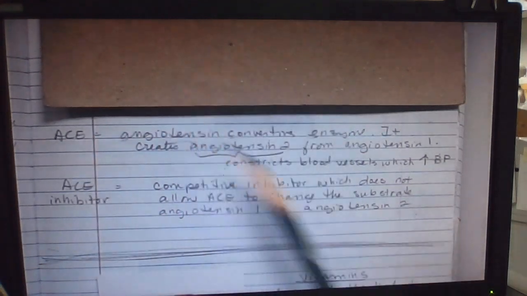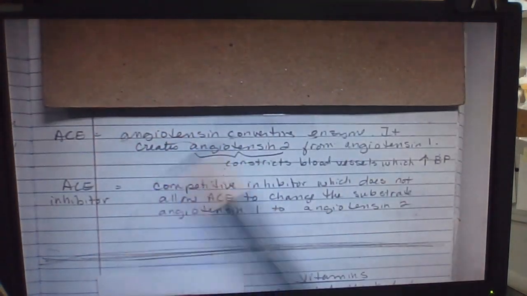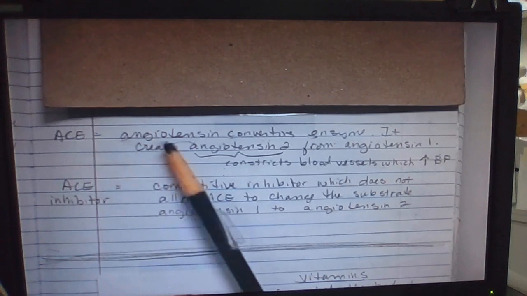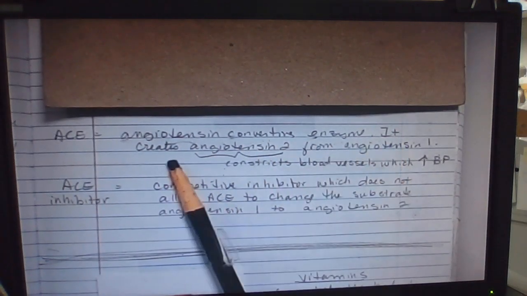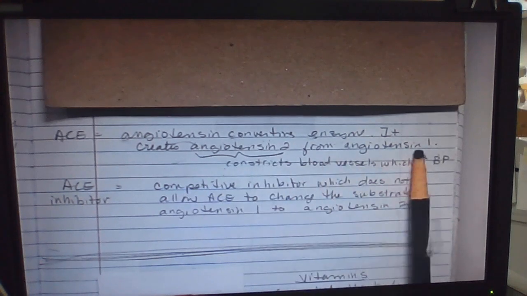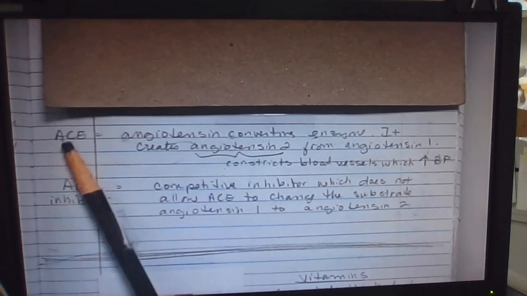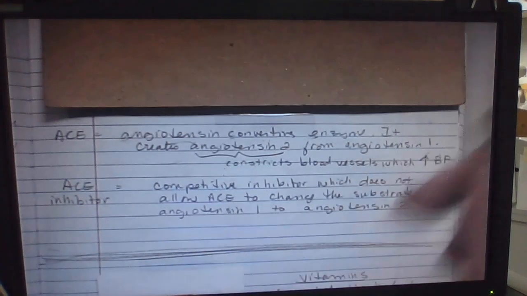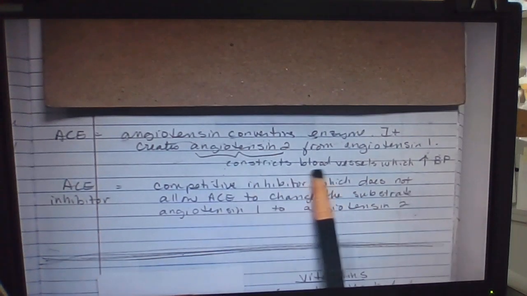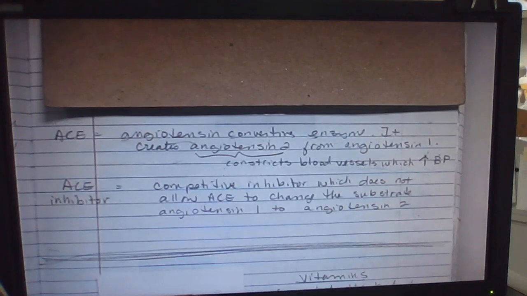So ACE is part of that negative feedback loop that we looked at in PBS. When your blood pressure gets too low, ACE helps to raise the blood pressure. It constricts blood vessels, which raises the blood pressure.